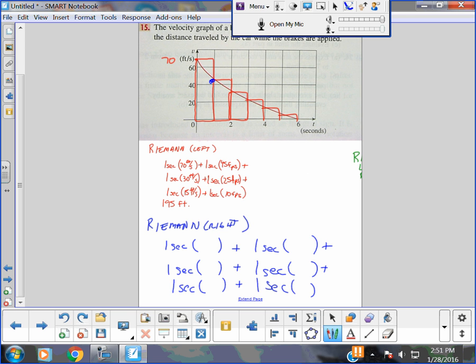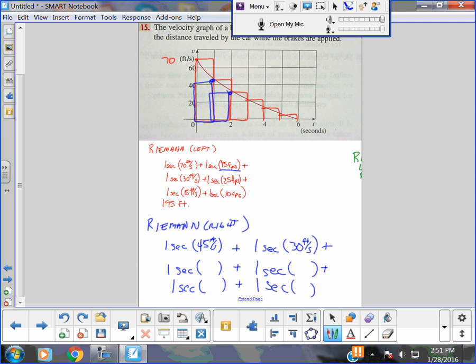If I use the right endpoint, there's the first blue rectangle. The right endpoint on the curve, and then the next one's here. Everybody, I want you to catch that right out of the gate. We are using the same point. We're just skipping the 70, and our first point in here is 45. The next one's going to be the 30.